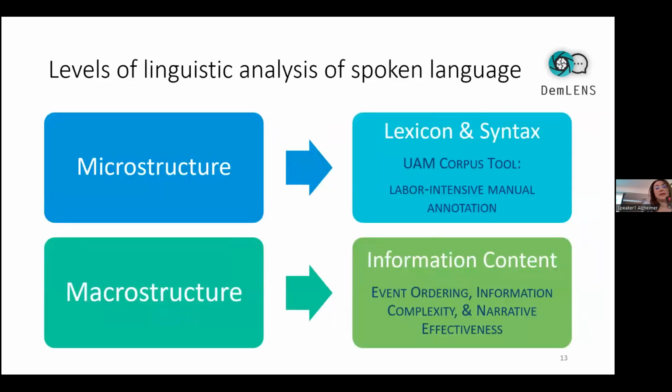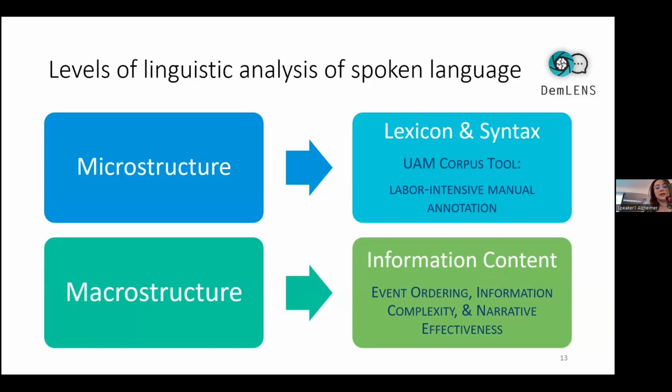Now, for the level of linguistic analysis when we're looking at spoken language, we have 2 basic levels, microstructure and macrostructure. For microstructure, we have lexicon and syntactic annotation, and for that we use the UAM Corpus annotation tool, which is quite labor-intensive manual annotation done by 2 linguists and then cross-checked.